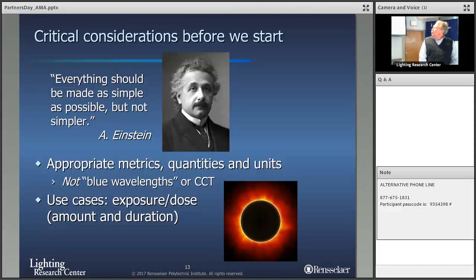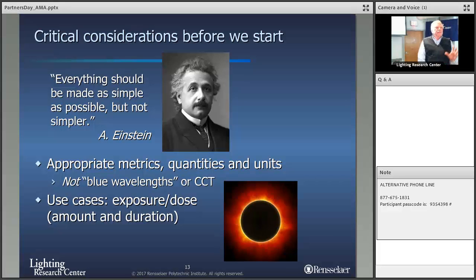So we consider out-of-bounds discussions of blue wavelengths and even correlated color temperature. These are too simple to really reduce your uncertainty with regard to how optical radiation on the retina might affect these collateral negative effects. You also have to always remember the use cases.